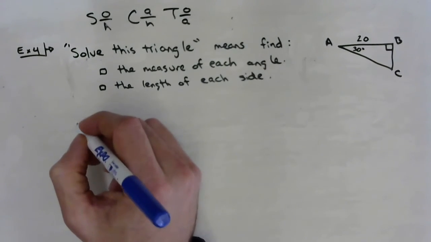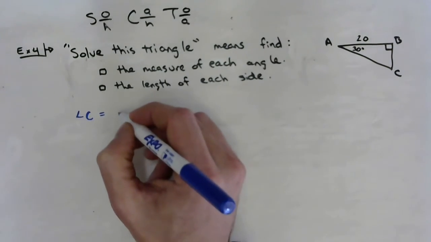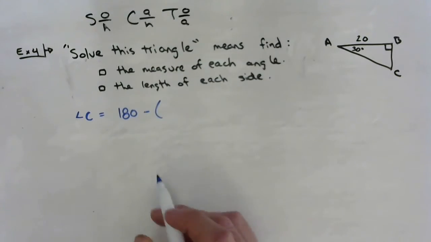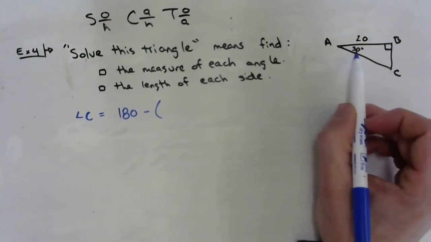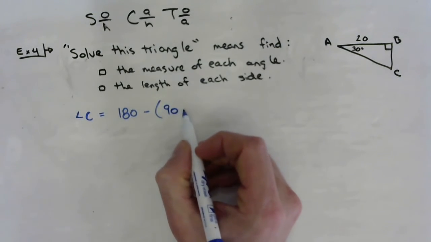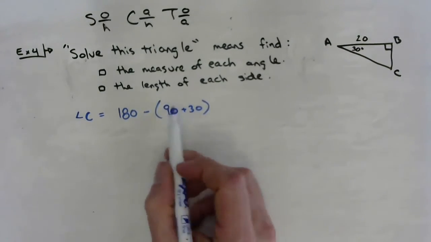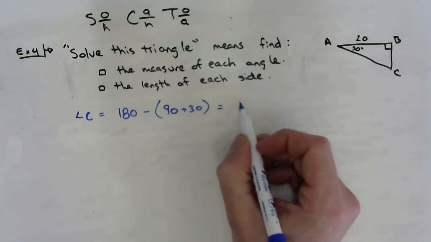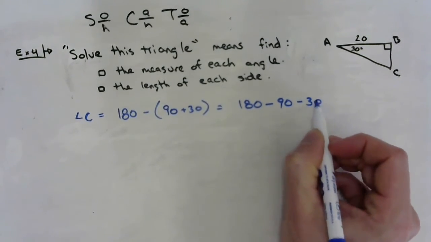So for the missing angle, I know angle C is going to be 180 degrees minus, and watch how I write this. It's helpful for your calculator, but basically I have a 90 degree and a 30 degree, so I'm going to add those up, and then subtract whatever I get from the 180. You could also do 180 minus 90 minus 30.